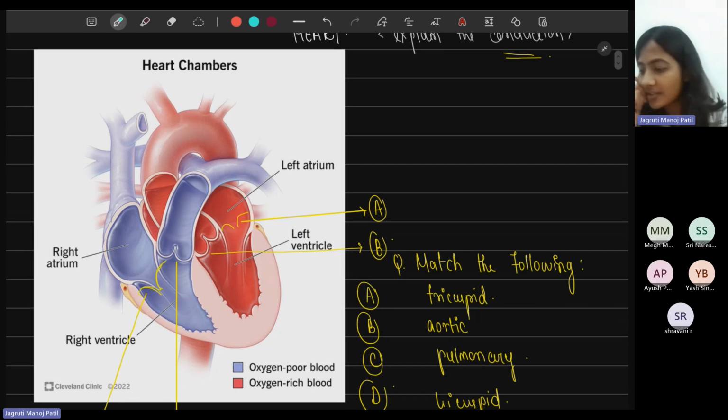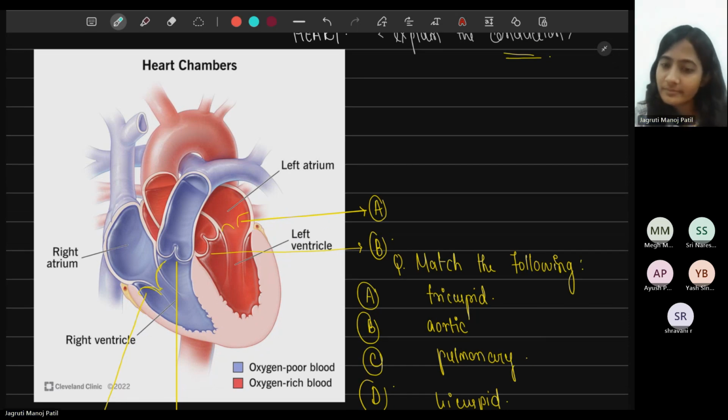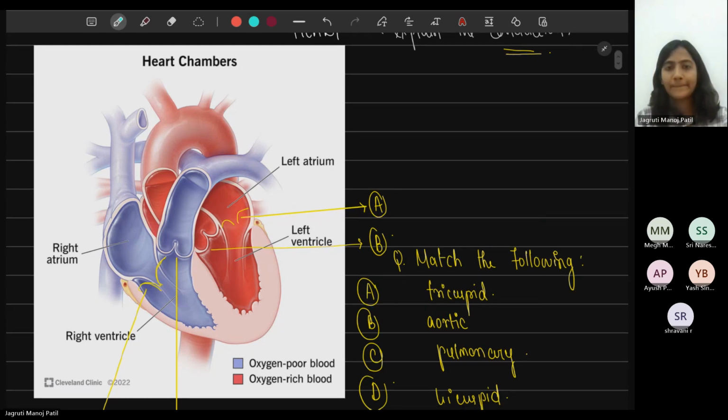Just explain the basic conduction, if you know the heart conduction system. Or else I have to say some names, because we are only five over here today. Please volunteer. Who can volunteer?